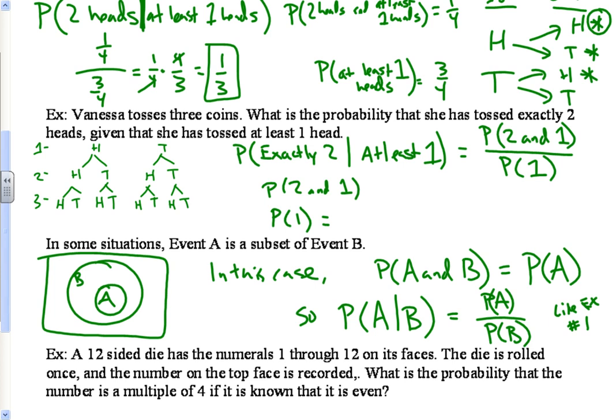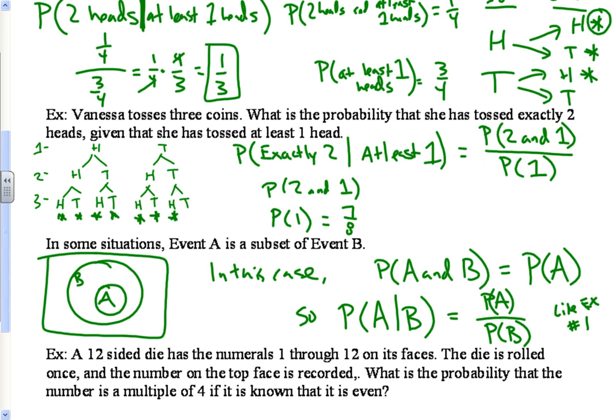This would be here, it's just 1 heads. Here is at least 1. So here, here, here, and then all 4 of these, because the first one was a heads. Alright, so there are 7 out of the 8.